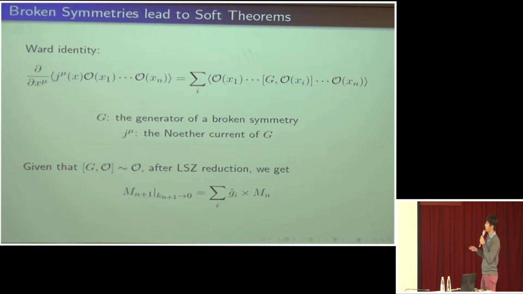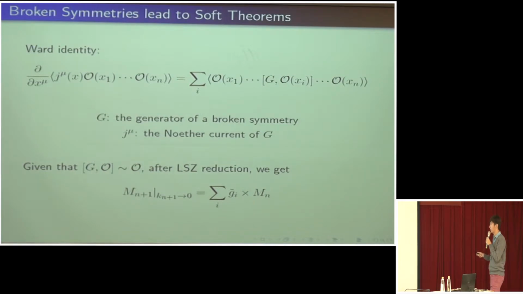In each part, we have a commutator of G and the operator. And if we take the operator to be a current or a field, then it will generate a single particle state. Then we have an n plus 1 point amplitude related to an n point amplitude.